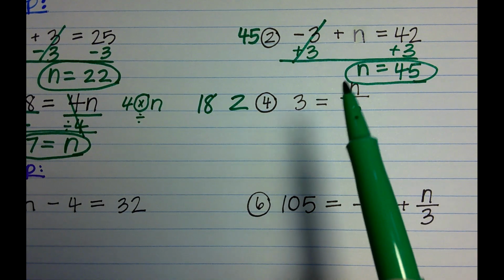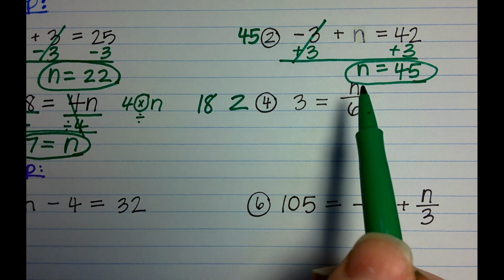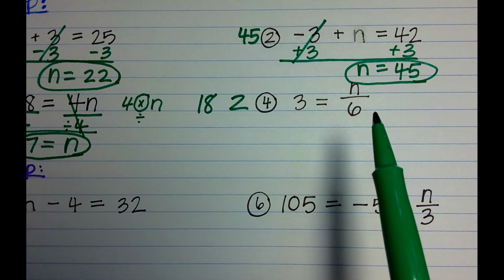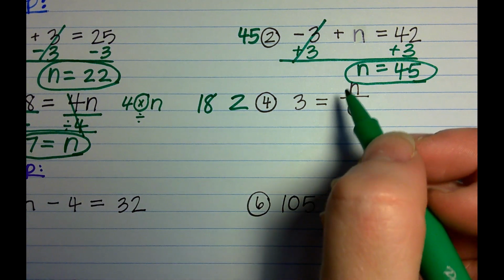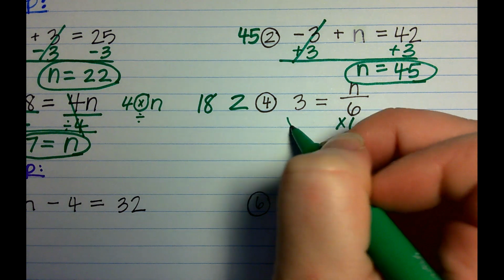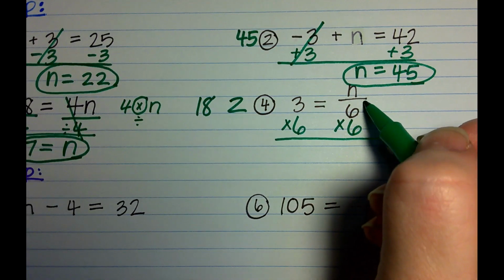I have 3 equals n over 6. N over 6, what does this mean? Division. N divided by 6. So, if we want to get rid of divided by 6, we do times 6. I think that's where I messed up. Yeah, and it's so easy to mix those up.